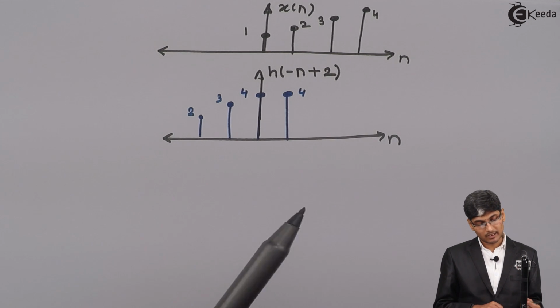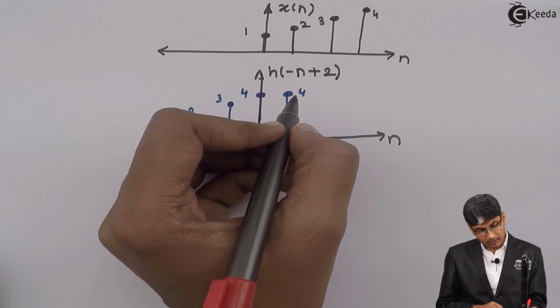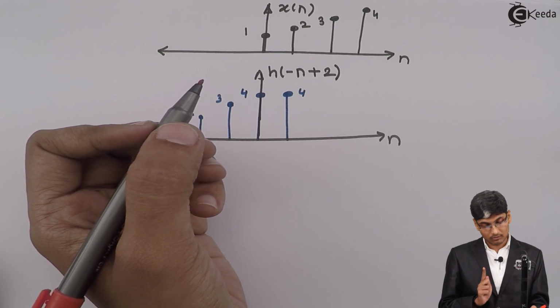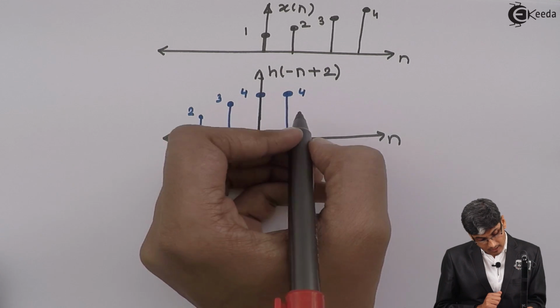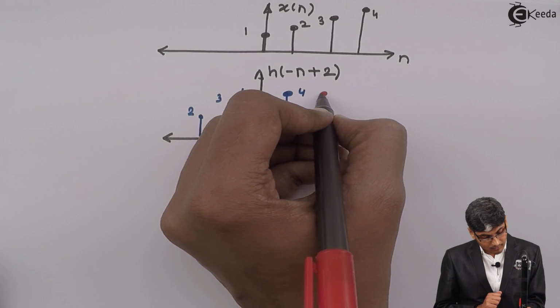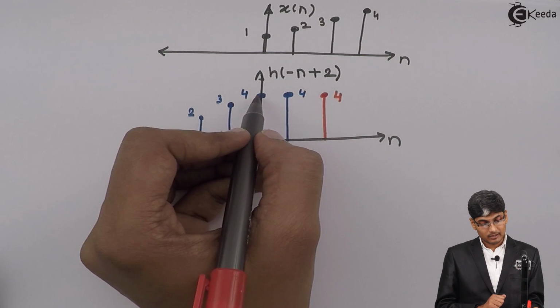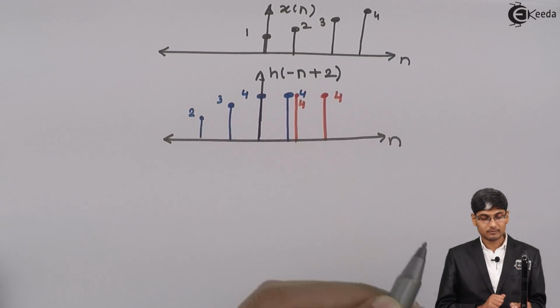Now, I will shift that signal once more and I will draw it with red. So, red curve will show that there is a shift of 2 and blue curve shows that is a shift of 1. So I show it as now this signal will further shift on right, and we will get a new sample over here as 4. Then this sample will take this position and it comes 4 again.